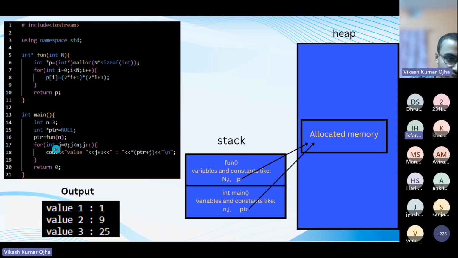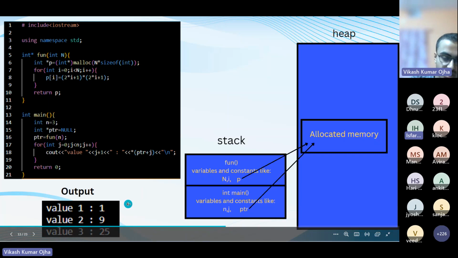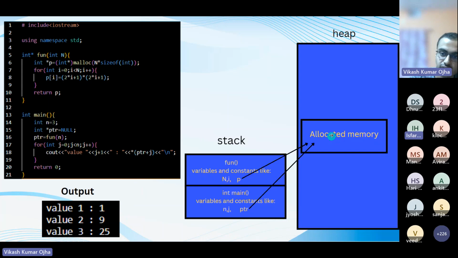As can be seen here, through the for loop, I am printing all the values of the pointer. You can look at the output that the memory allocated through malloc is still available because it was allocated in the heap. We have to free it to destroy the value that was allocated in the heap, or it will remain there.